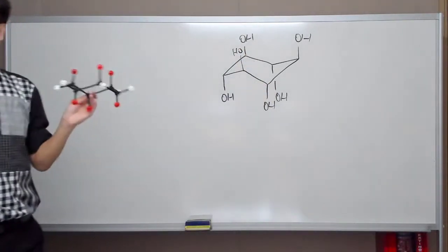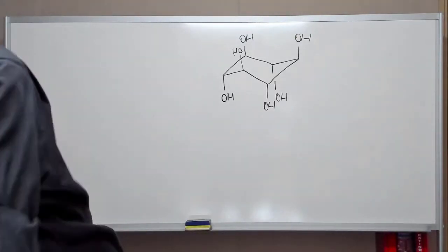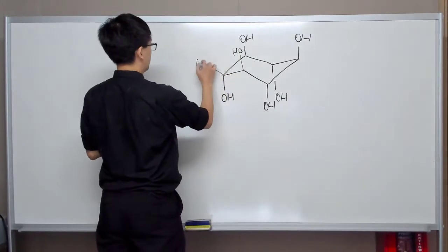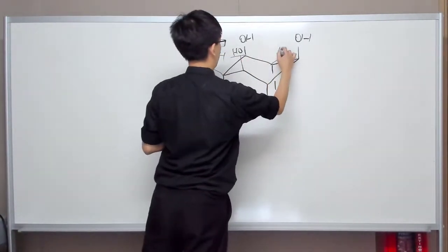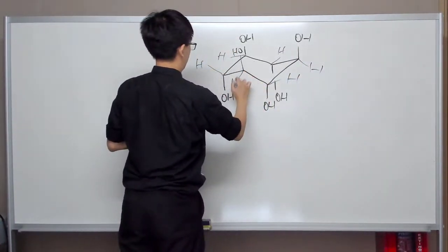And then the hydrogens, which I'm going to draw in another color, will be pointing like this, and then like this, like this, like this, like this, and like this.